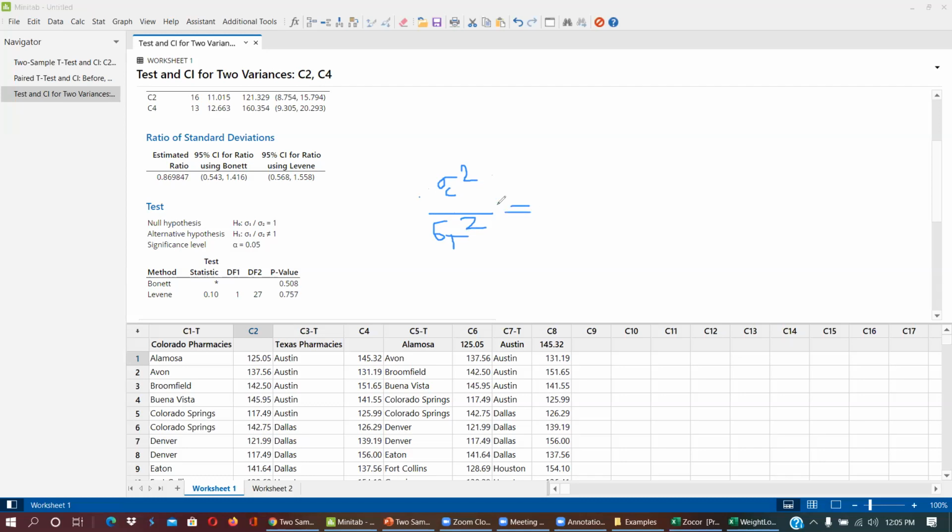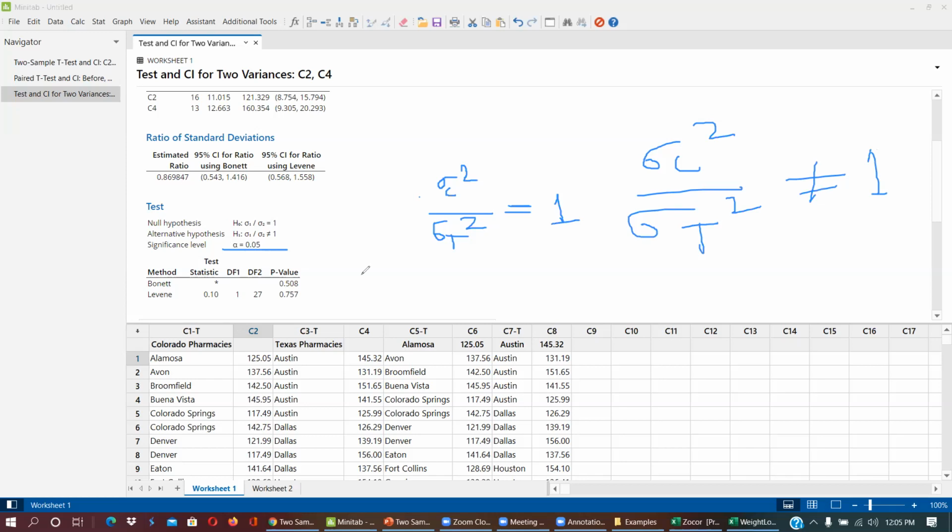If both the variances are equal, that means the ratio would be 1. So this is the null hypothesis. The alternative hypothesis would be sigma Colorado square divided by sigma Texas square not equal to 1. So this is the way, with significance level 5%.